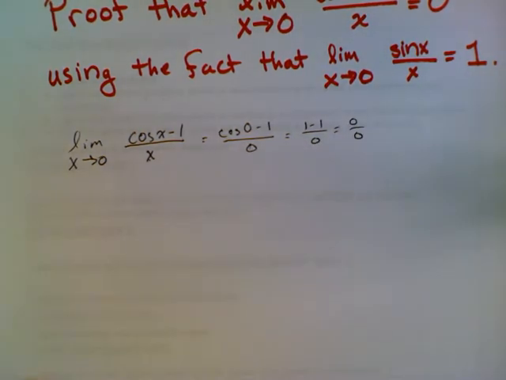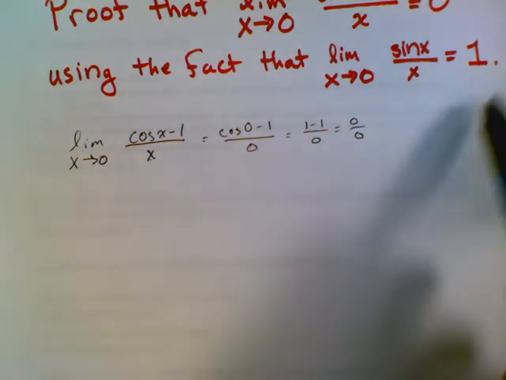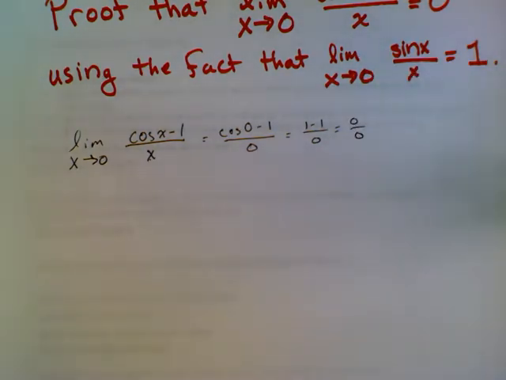What do we typically do when we get an indeterminate form? We look to factor, to rationalize, or to simplify a complex fraction, and eventually we cancel something out.